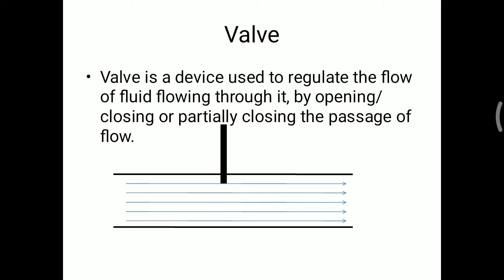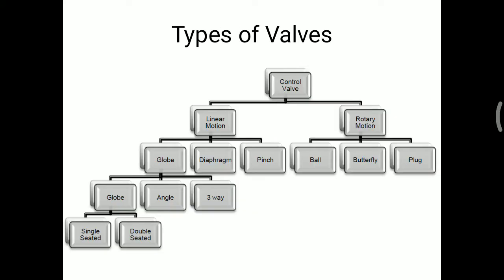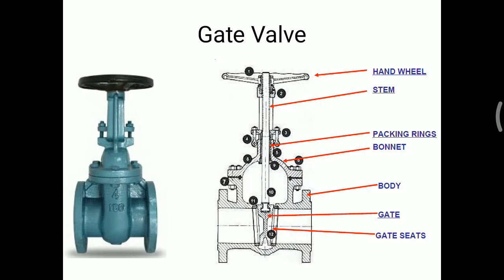The motion of this stem that opens or closes the valve depends on two motions, that is linear motion and rotary motion. So there are some types of valves depending upon their motions, like linear motion or rotary motion. Here are some types of valves.